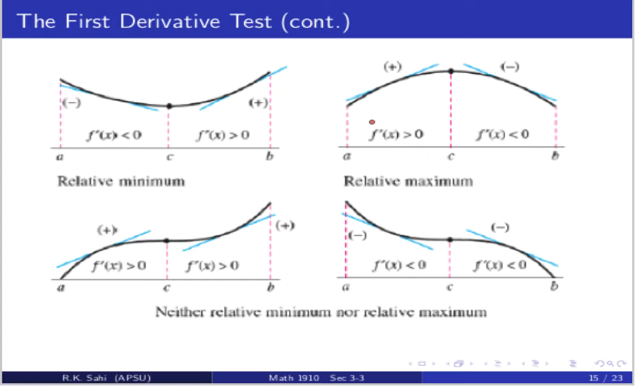On the other hand, for relative maxima, the function is increasing, that means the derivative is positive, and then the derivative goes negative as the graph goes down. If it is neither relative minima nor maxima, you can see the graph keeps on going up or the graph keeps on going down.